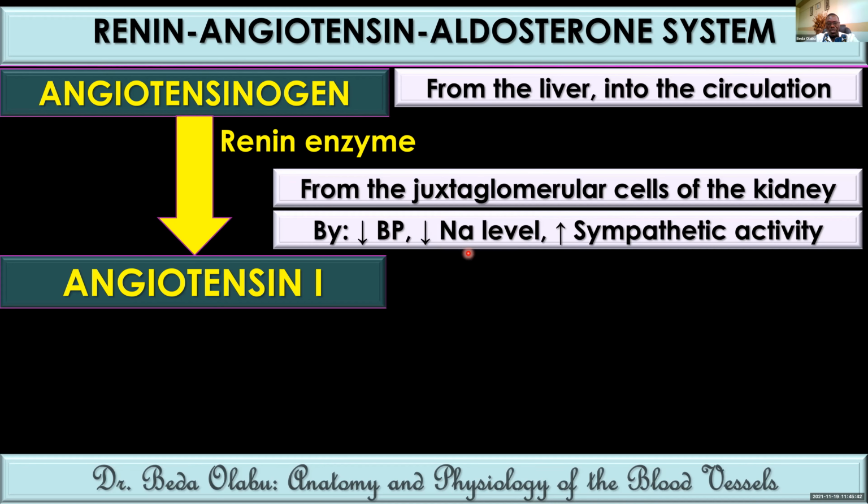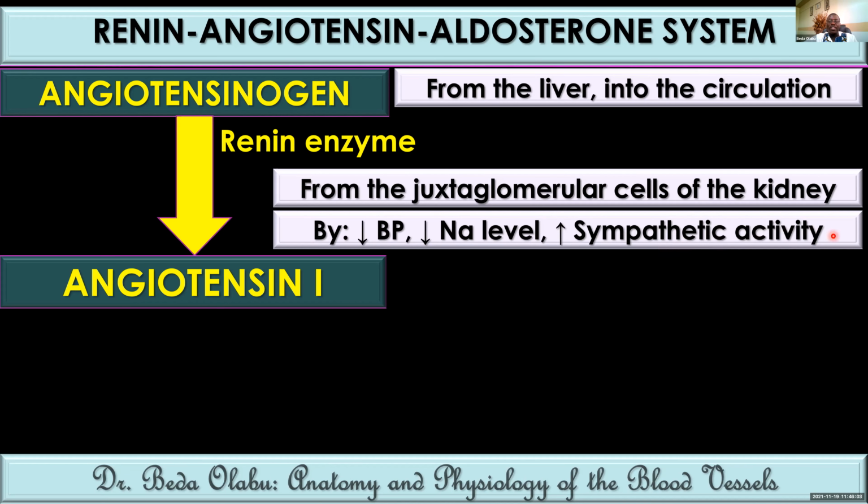If the levels of sodium in the renal tubules are low, that equates to the levels of sodium in the circulation probably being low. The kidney will produce renin as well. Or if you have increased sympathetic activity, the kidney will also produce renin.